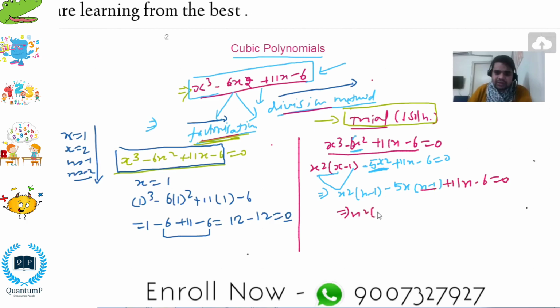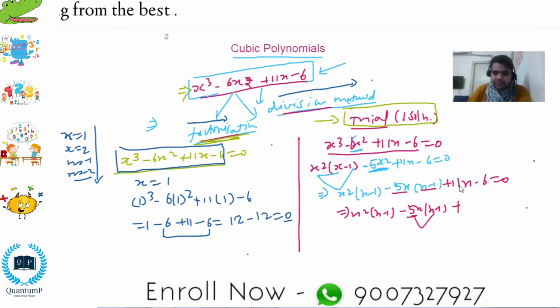Then x square into x minus 1, minus 5x into x minus 1 again, then plus 11x minus 6 as it is. One mistake has been there: here it is 6x actually, because minus 5x into x is minus 5x square, and minus 5x into minus 1 is plus 5x, and we have 11x, so it will be 6x.